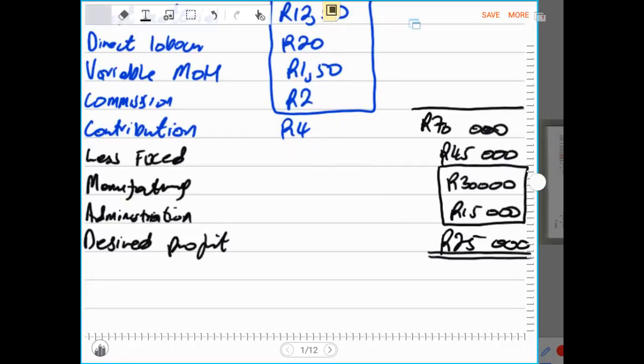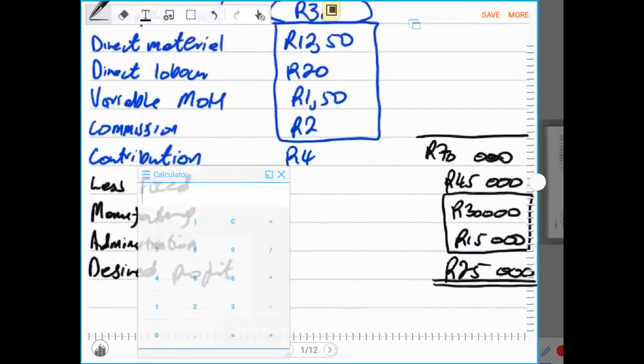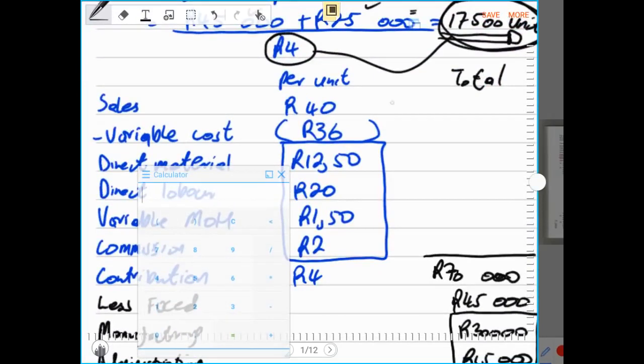Then now in this case, we do have the total of our fixed cost plus the profit. Then I will say how many units should be sold, because now we have to do the income statement where we multiply everything by the number of units.